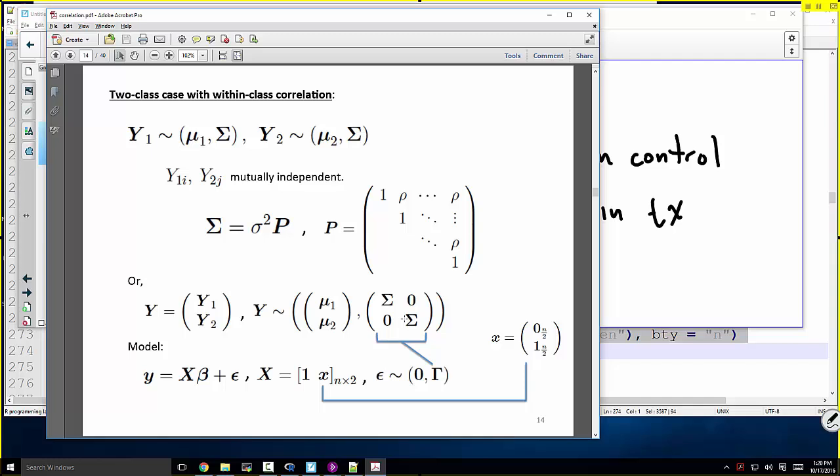So within the first half of the data, those are all individuals from the control group, we have correlation. And assuming the same kind of correlation for the treatment group, we have the same capital sigma for the latter half. The off-diagonal chunk is correlation between classes, and we don't have any, so it's 0.